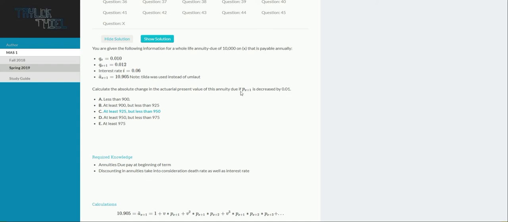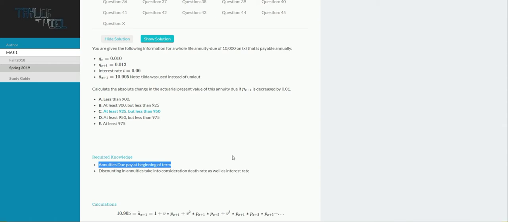In this question, the first thing to know is that annuities due are paid at the beginning of the term, as opposed to annuities immediate, which are paid at the end of the term. The second thing, which we touched on briefly for question 11, is that when dealing with these life contingency problems, discounting annuities needs to take into account both the interest rate as well as the death rate.